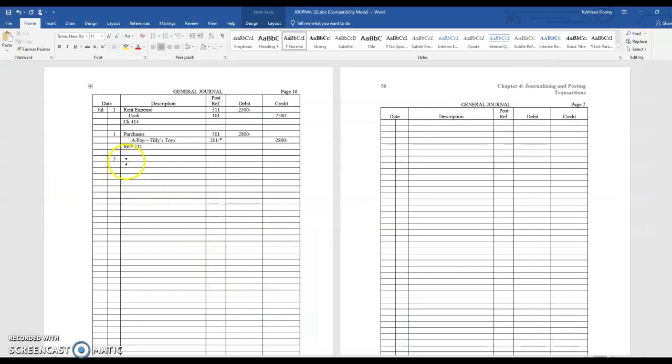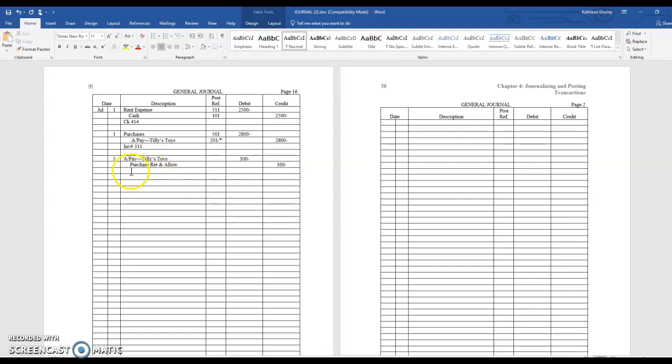Okay, so this is on the 5th, and we said that we're going to debit accounts payable. Whenever we put accounts payable, we got to put the name of the vendor, so that's Tilly's Toys, and that was for $300. And credit, indent, purchase returns and allowances, and we're crediting that for $300.